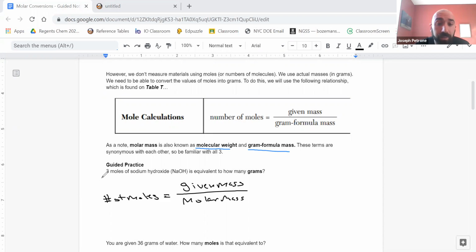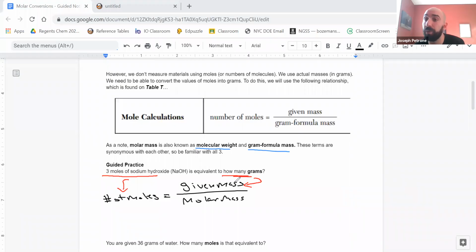So we have 3 moles of sodium hydroxide. So that is going to be our number of moles. We have 3 moles. We want to know how many grams that is equal to. So that's going to actually be our given mass. So how many grams is going to refer to our given mass?